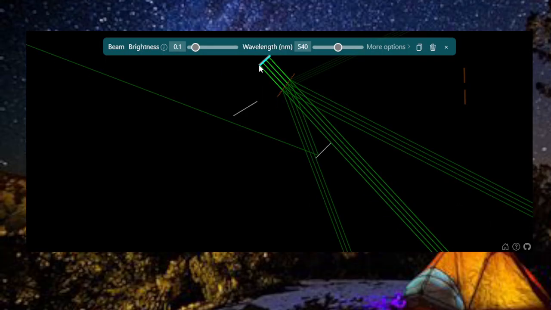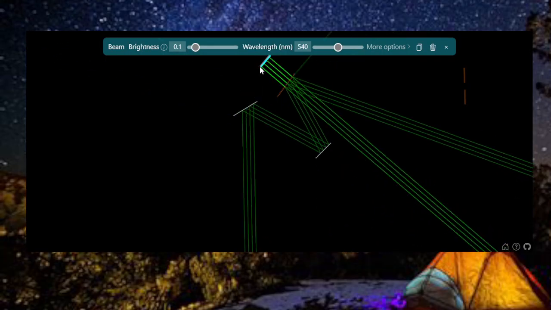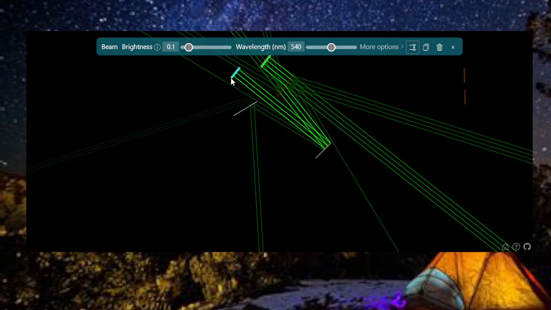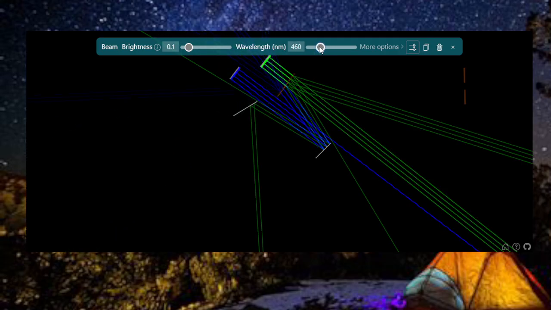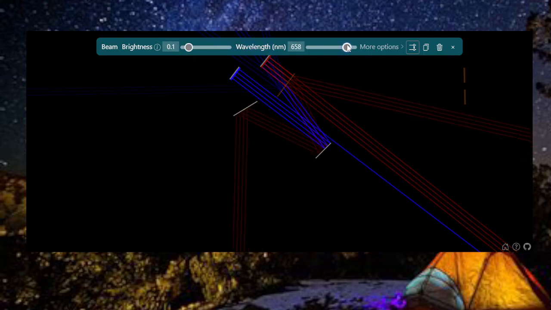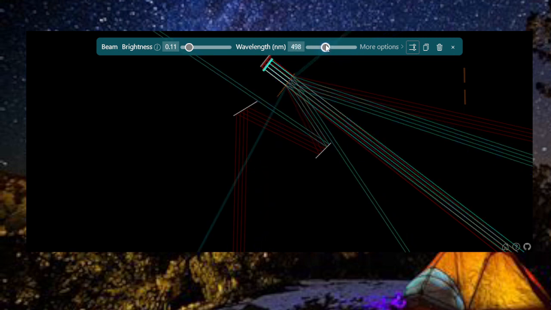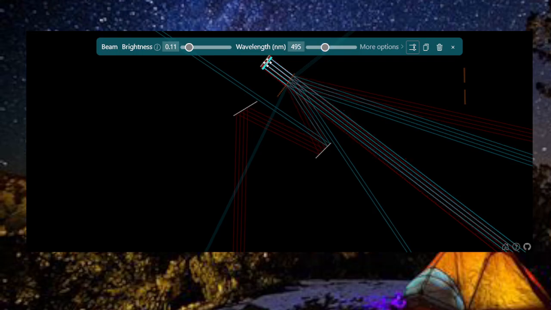Let me add a beam light source again. Okay, so we use red and green.